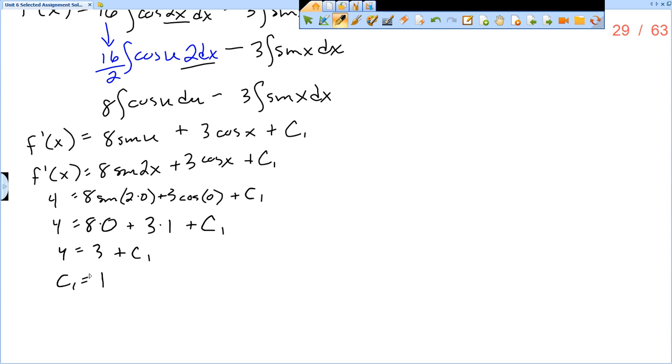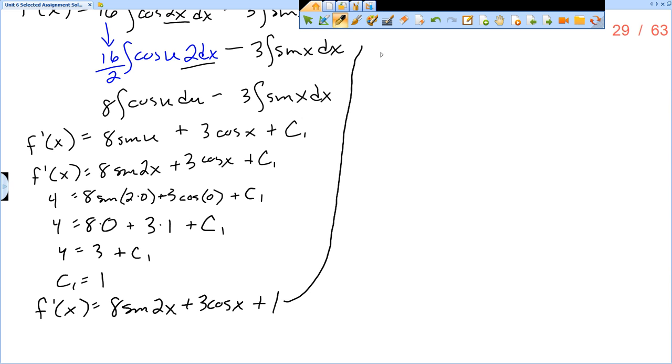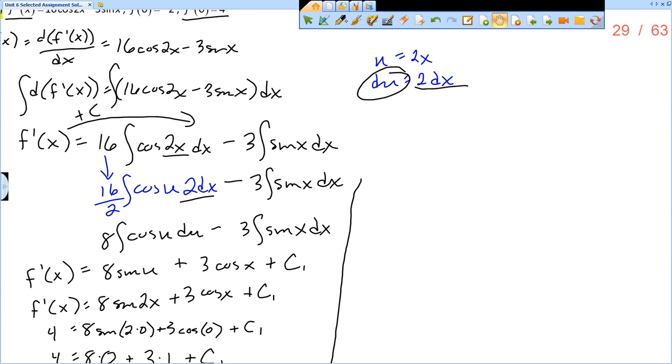So now, okay, I have my f prime of x, which is 8 times the sine of 2x plus 3 times the cosine of x plus 1. Now we want to recognize that f prime is actually just the derivative of f of x with respect to x.